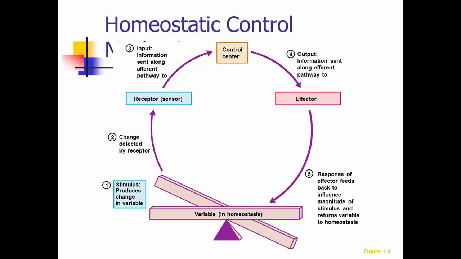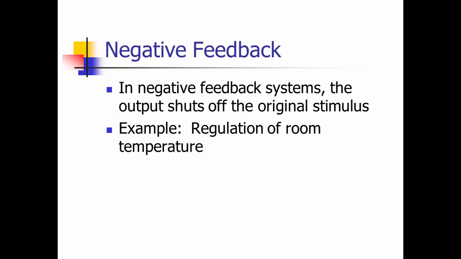Now, in this example, we are increasing something. So this could be an increase in temperature, an increase in glucose levels, an increase in calcium levels, whatever that may be. We can also end up going down or reducing whatever that set point is. So decreasing glucose levels, temperature, etc.